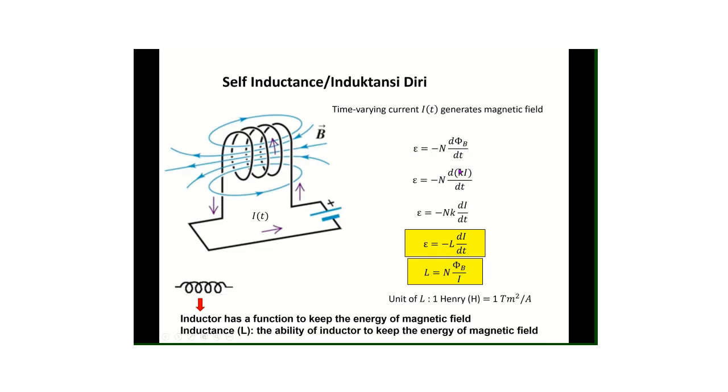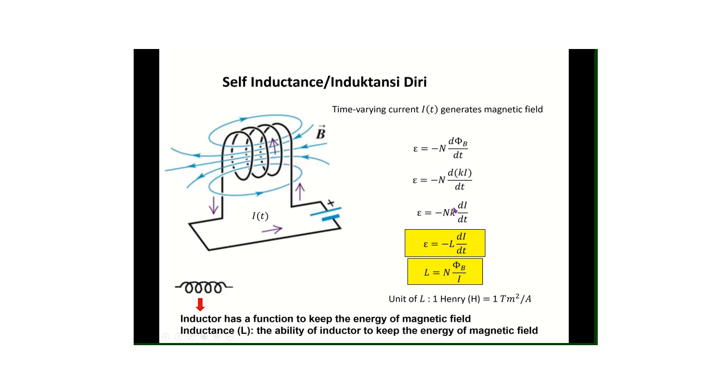We know that flux is proportional to K times I. If we remove K outside the differentiation, we have N K dI over dt.